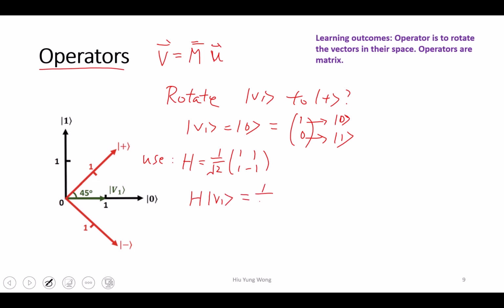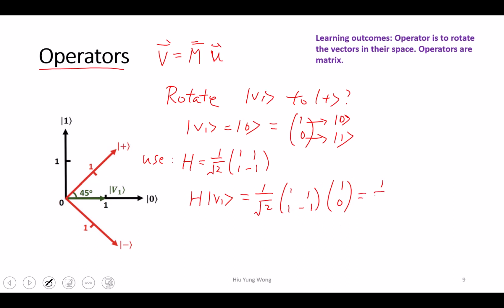Then I just do my matrix multiplication. This is the minimum prerequisite of this class. How do you do matrix multiplication? Row times column. 1 times 1 plus 0 times 1 as the first element. 1 times 1 minus 1 times 0 as the second element.